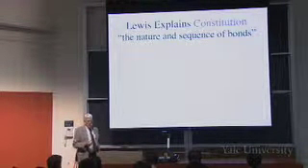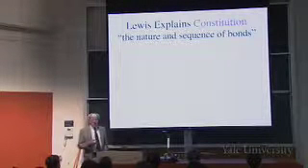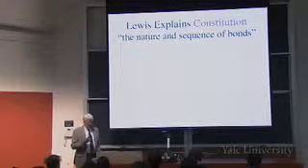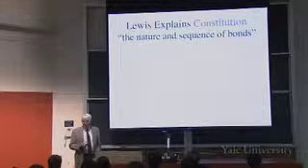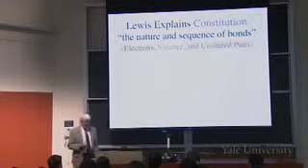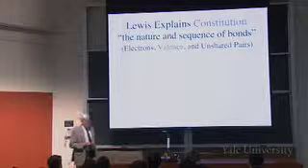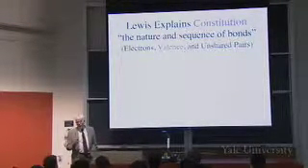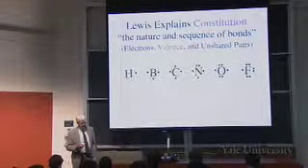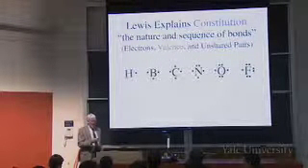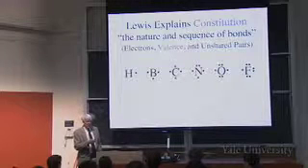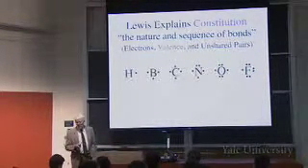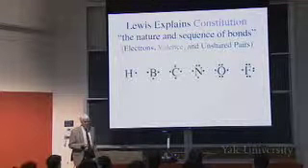So Lewis explains constitution, the nature and the sequence of bonds. Nature means like single, double, triple, and sequence means which atoms are connected to which. Okay? So he has electrons, valence, and also he added unshared pairs, right? So you count up, from the atomic weight or the atomic number, the position in the periodic table, how many valence electrons, how many of these outer octet are there.